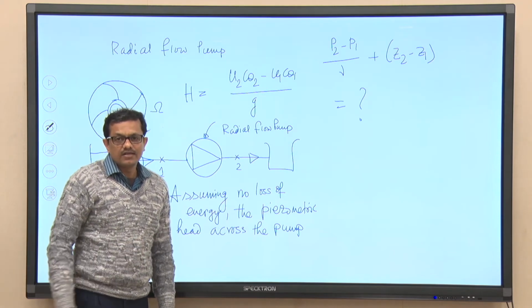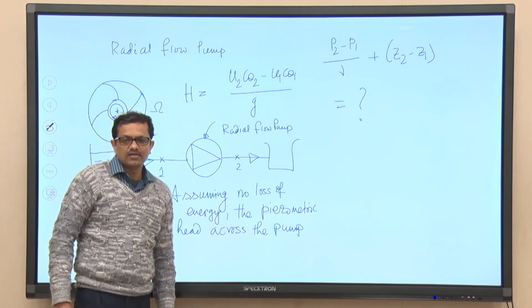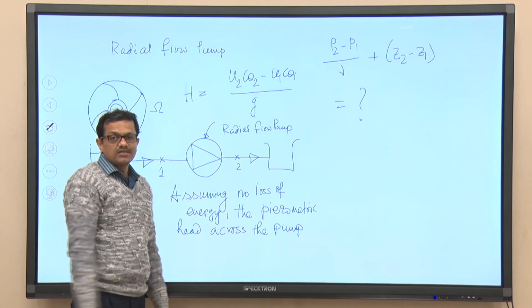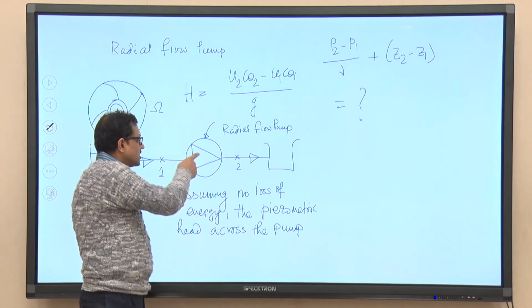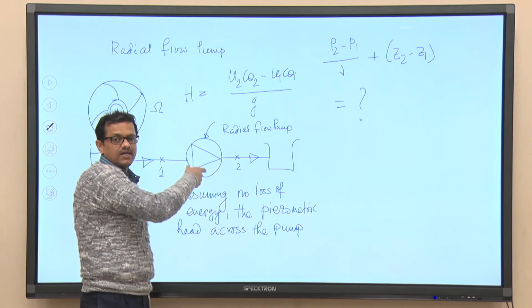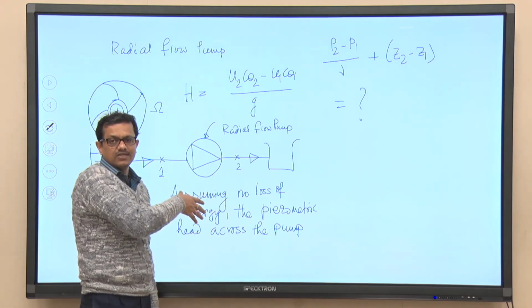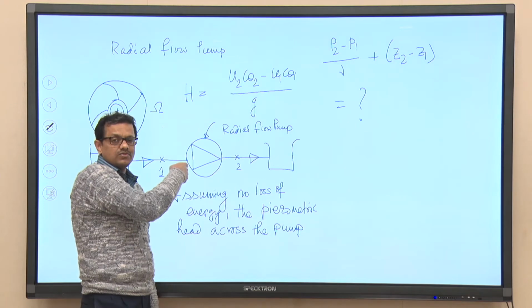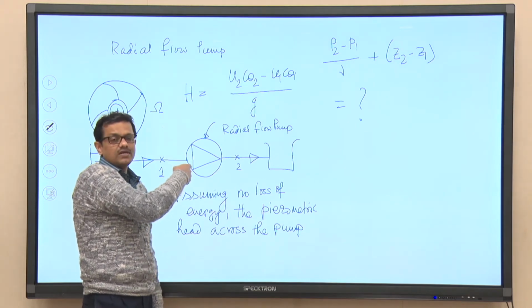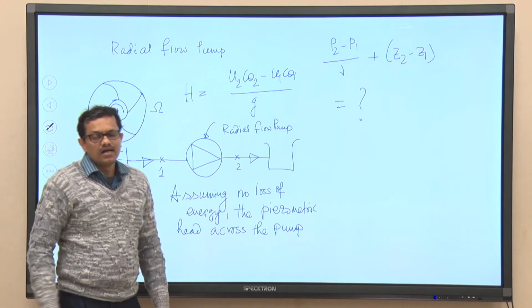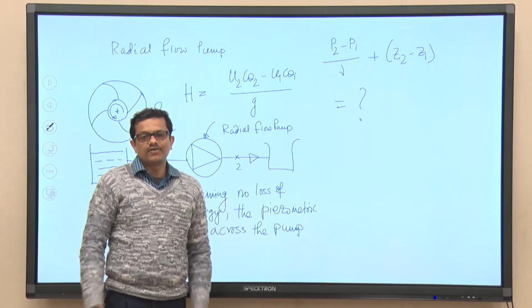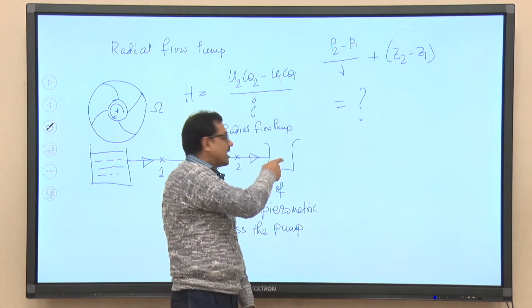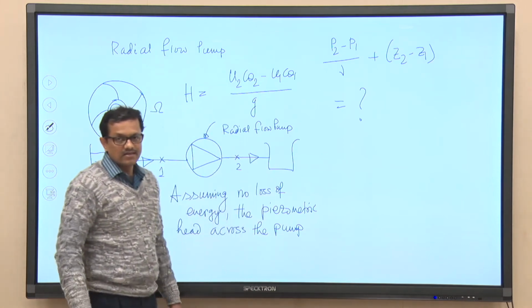Since energy cannot be destroyed, that we have learned from 10 plus 2 or even from our 10th class, the amount of energy which is given here to operate the pump, definitely in a form, and that is mechanical energy to be precise, will be used to convert to energy in a different form, and that is nothing but velocity as well as pressure that we would like to have at this junction, that is at the destination.